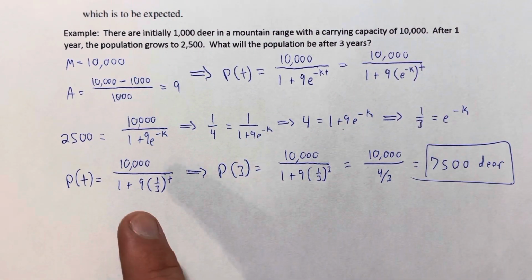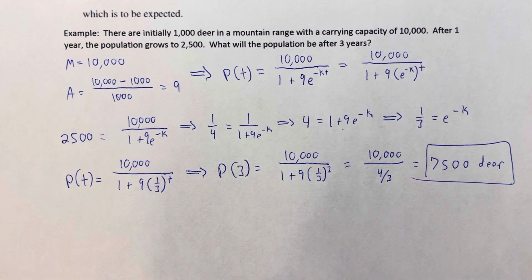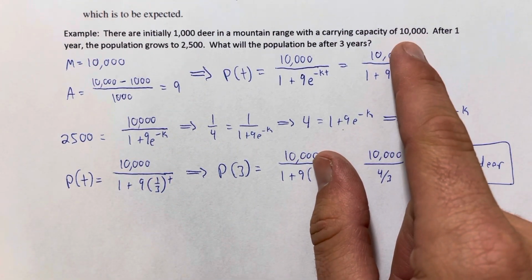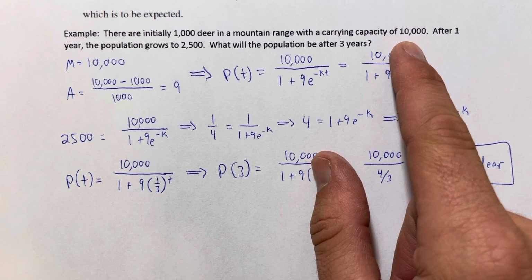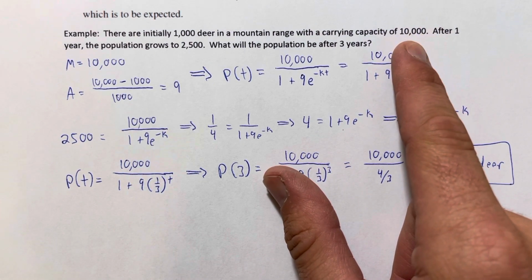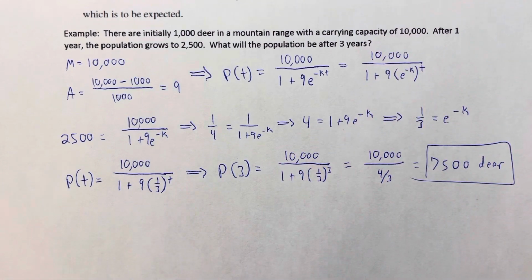So your population is increasing towards that carrying capacity as time passes, the whole time. But the rate at which it's increasing will speed up or slow down. And there's a problem that asks you to show, by using the differential equation directly, that the fastest rate of growth happens at exactly half of that carrying capacity, which in this case would be at 5,000 deer.